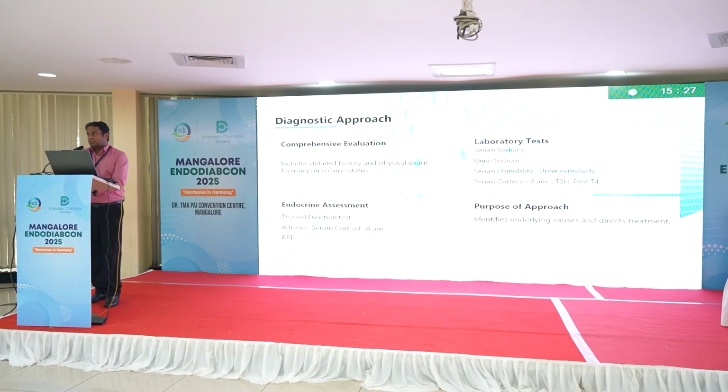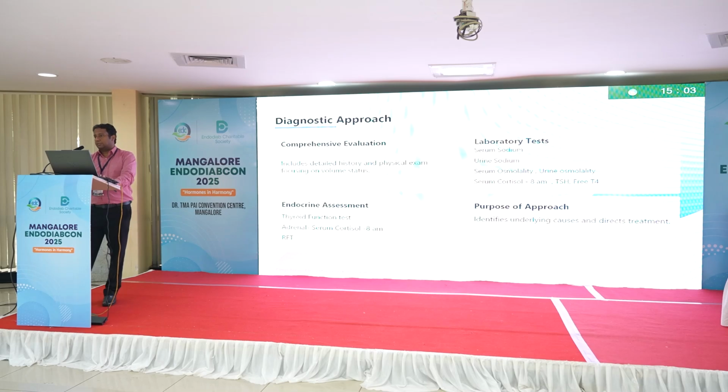For a comprehensive approach, first is the history and examination, then look at the lab parameters. When you ask for lab sodium, along with that ask for other electrolytes and bicarbonate. Urine sodium is very important. If the urine sodium is low, then you are looking at depletional hyponatremia, and you should send the urine sodium before you start sodium correction.